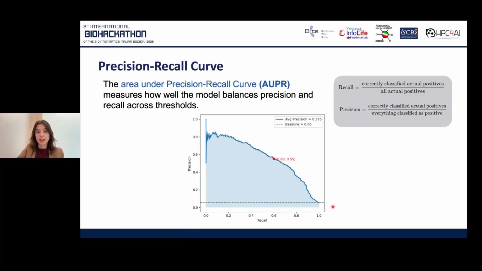This dashed line is the baseline precision, which corresponds to the positive class prevalence. This curve is the higher the better. And in this example of this red dot, it means that for this particular threshold, my model is correctly identifying 60% of all actual positives and 55% of classified positives are actually positive.